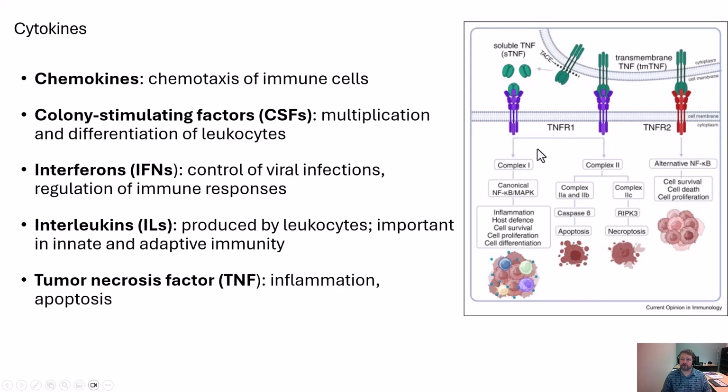Okay? The signal that's being sent to go through apoptosis or necroptosis, okay, or signaling the cell to go through proliferation and start dividing. So all these things can occur through these cytokines of different types.